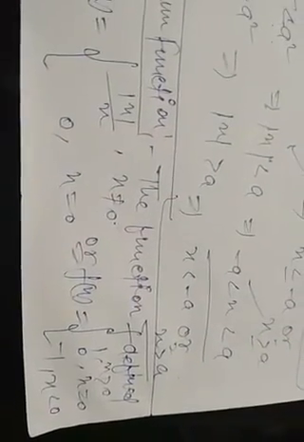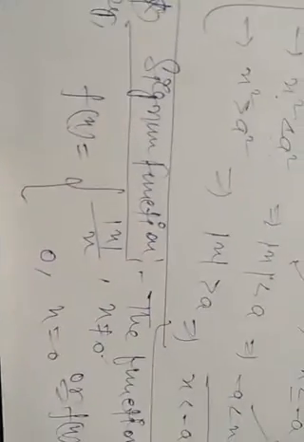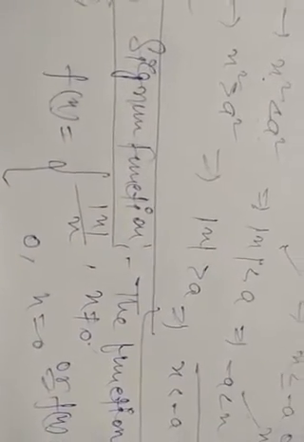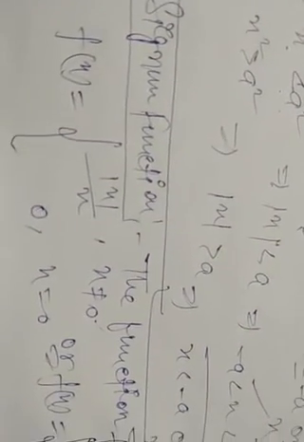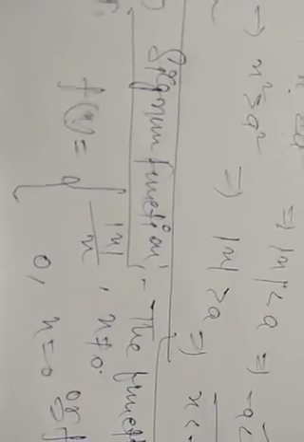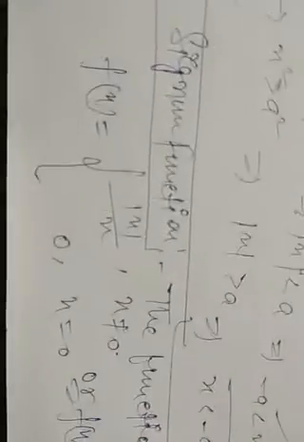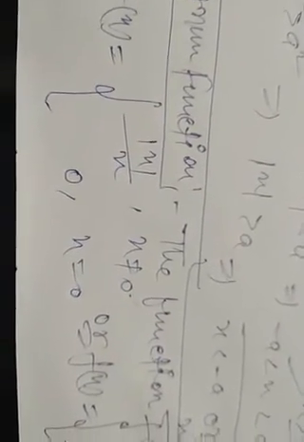Now the function defined by f of x is equal to mod x upon x, such that x is not equal to 0. Suppose here x is equal to 0, then the function is not defined. The function f is given by f of x equal to mod x upon x, such that x is not equal to 0, and 0 when x is equal to 0.